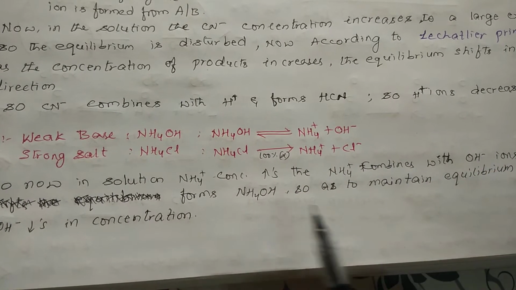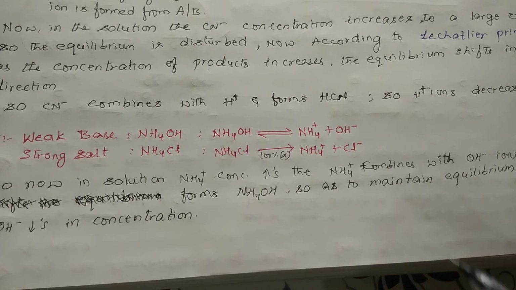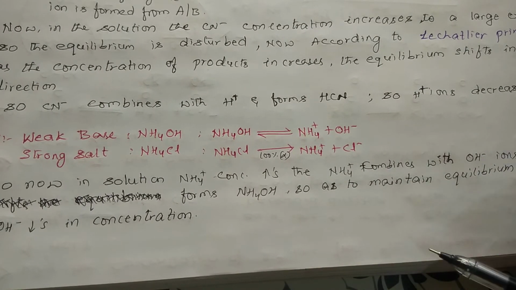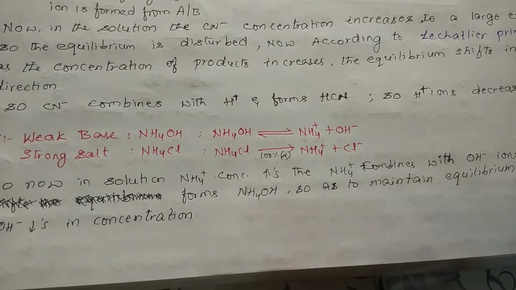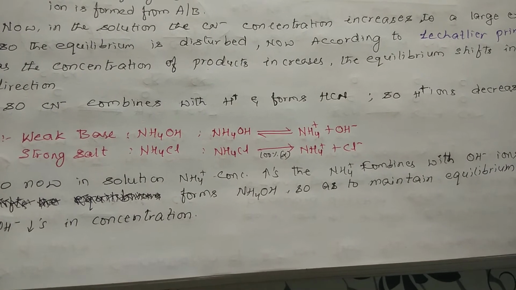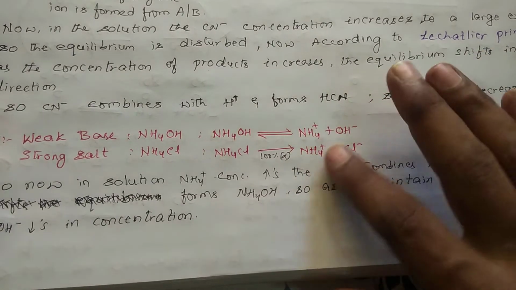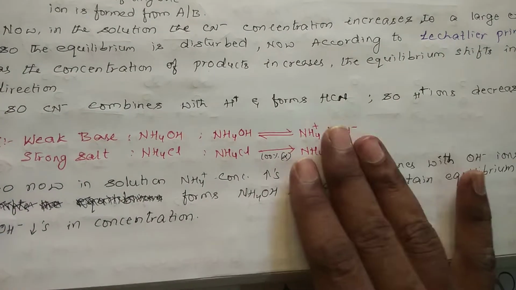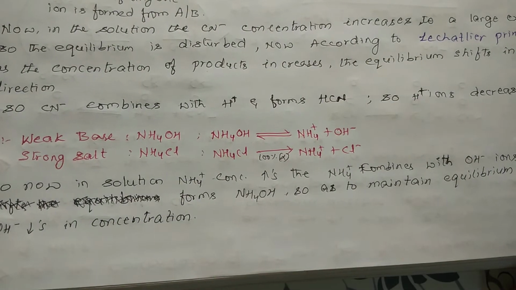So the resultant solution will have more Cl⁻ and less OH⁻. The extra NH4⁺ formed combines with OH⁻, and the equilibrium shifts in the backward direction.